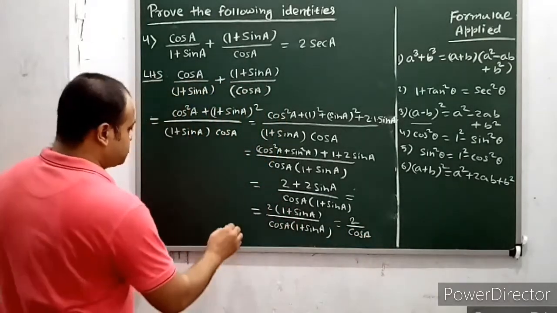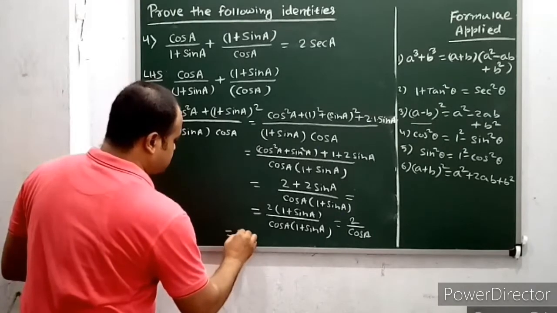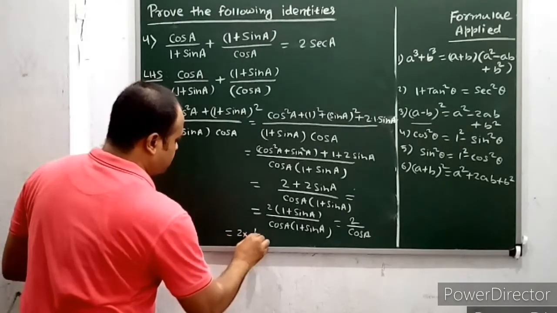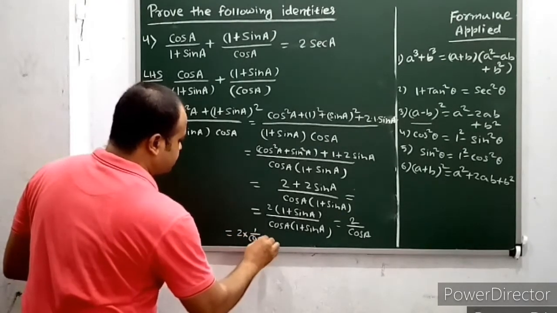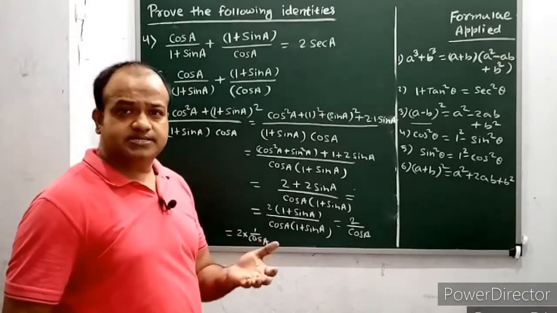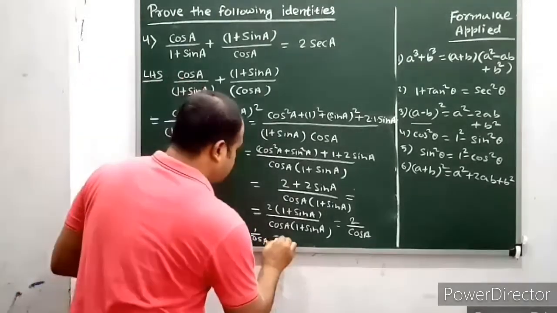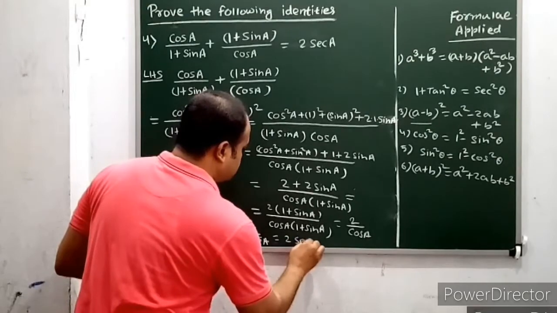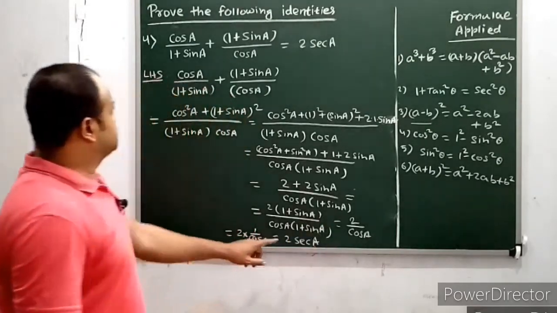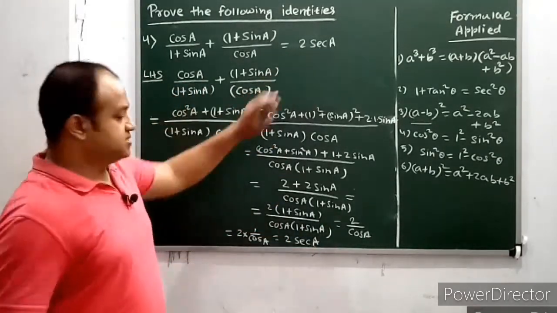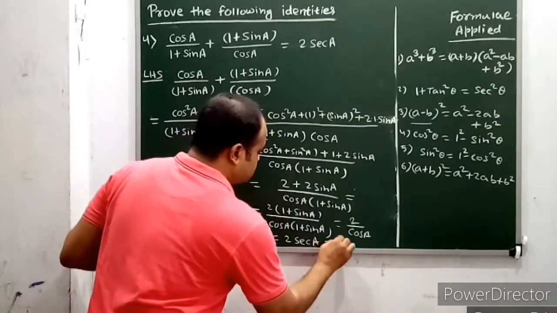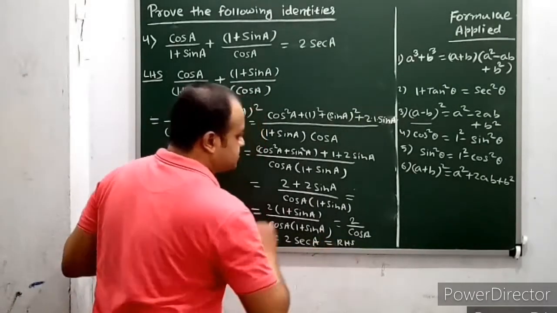Now 2 by cos a means what? 2 into 1 by cos a, and 1 by cos a is what? Sec a. You can write it 2 sec a. See, this is the RHS, equals to RHS.